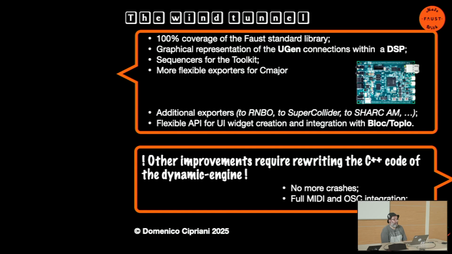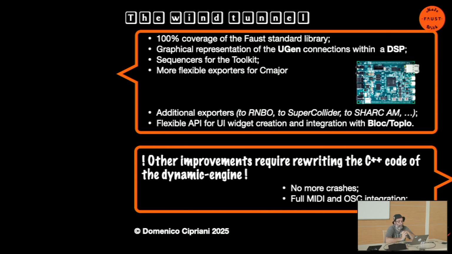So we have to have this graphical representation. We have to have, for the toolkit, sequencers, that allow you to play a sequence of notes or whatever. And then we have to add additional exporters, like the ones we have for Cmajor and for Bela. We need one for Rainbow, the low-level API for Max/MSP, for SuperCollider, and we would like to have it for the Shark audio modules, which is a very powerful DSP platform for programming audio.